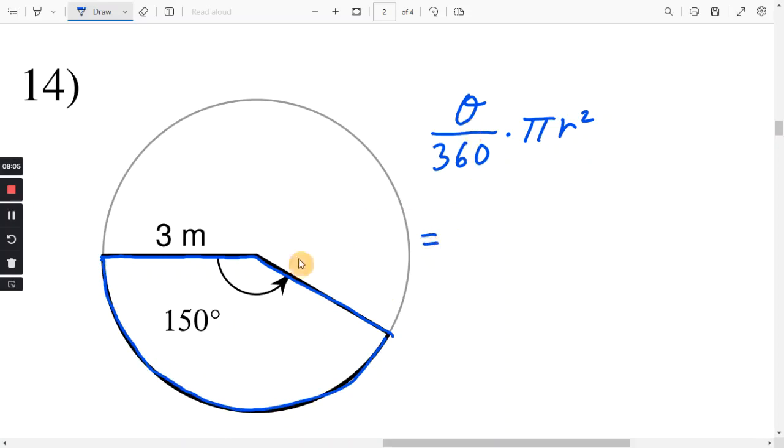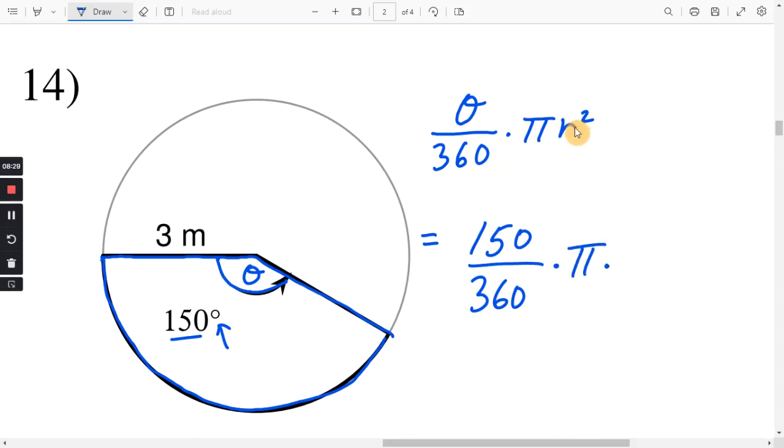For theta, that is this angle right here, represented by the Greek letter theta. That's 150 degrees. Since we're dealing with degrees, this is the formula we're using. So theta is going to be 150 divided by 360 times pi times r squared.